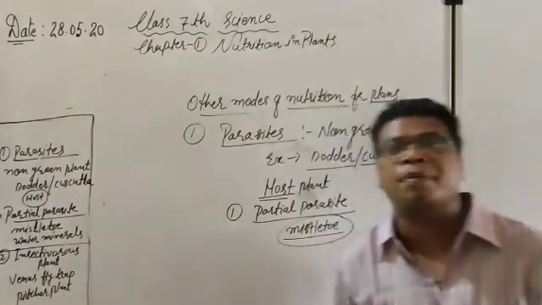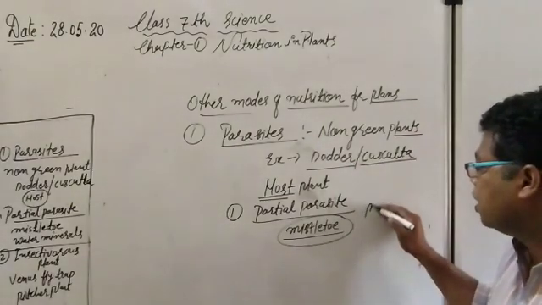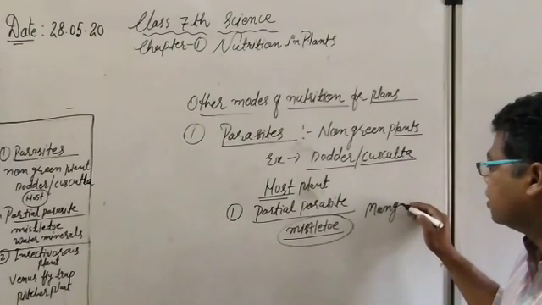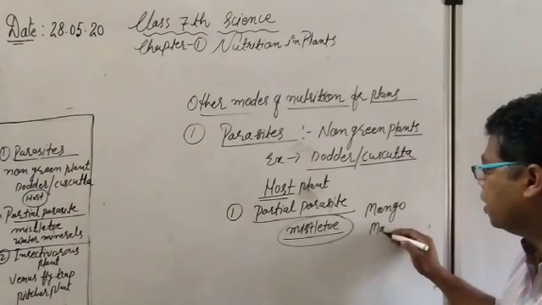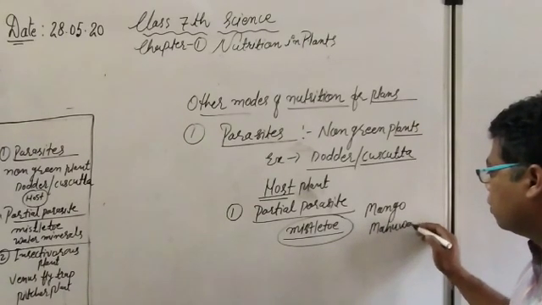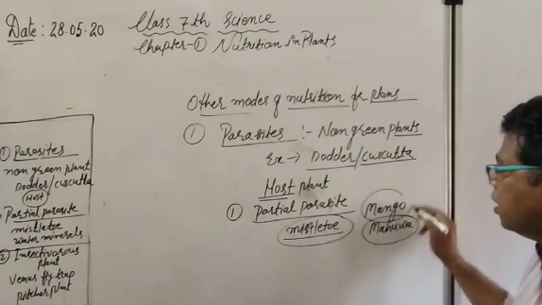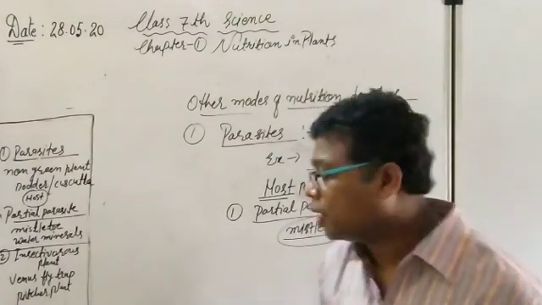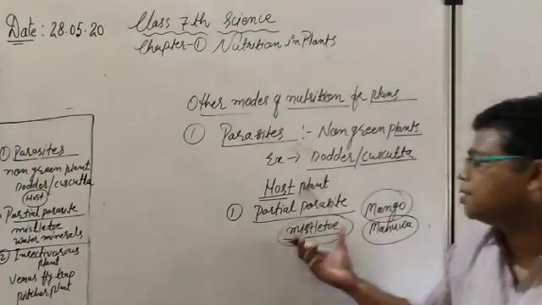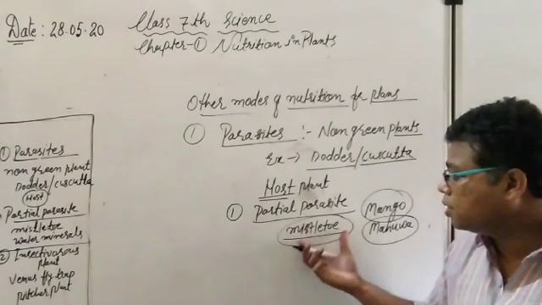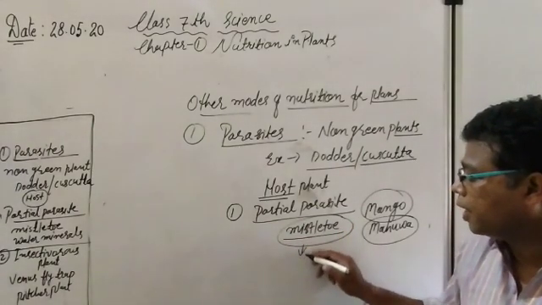You can see that particular plant on the mango tree or mahua tree. Either on the mahua tree or on the mango tree, you can see that particular plant, the mistletoe. And what is the mistletoe? Actually, mistletoe contains chlorophyll.